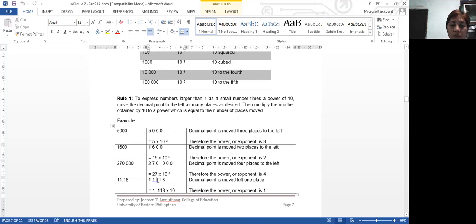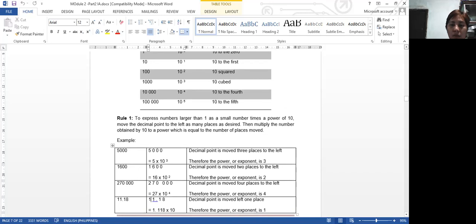The decimal point is in this part, and then we choose to have it here. So we'll just have to move it from here. So 1.118 times 10 raised to the power of 1.